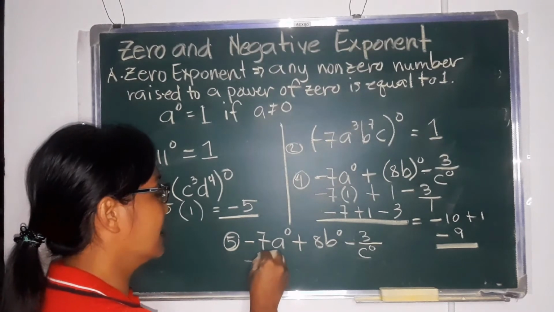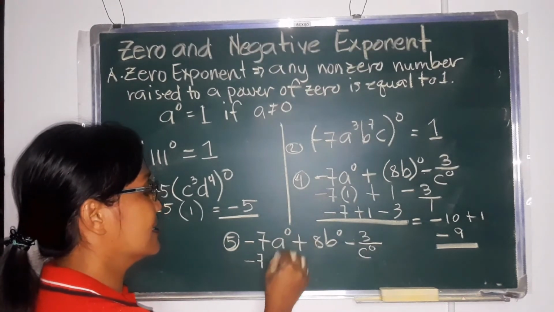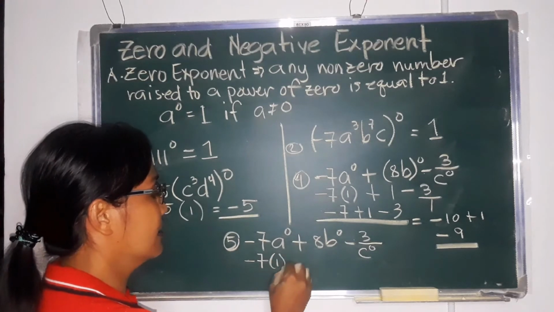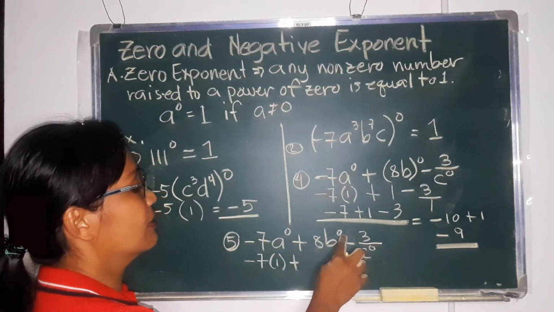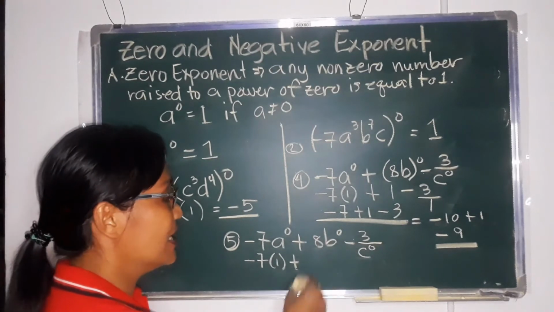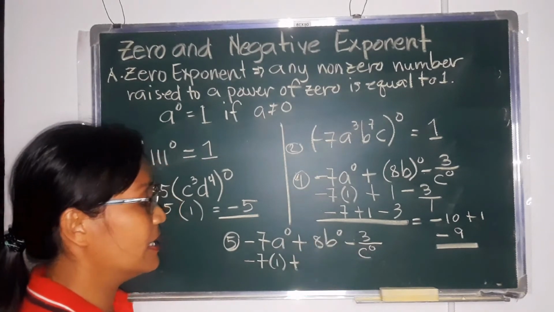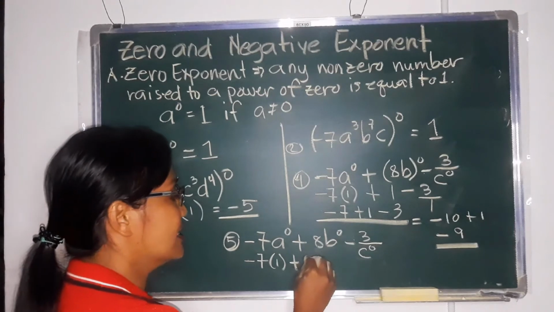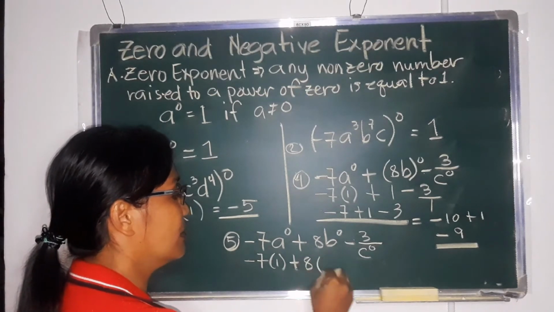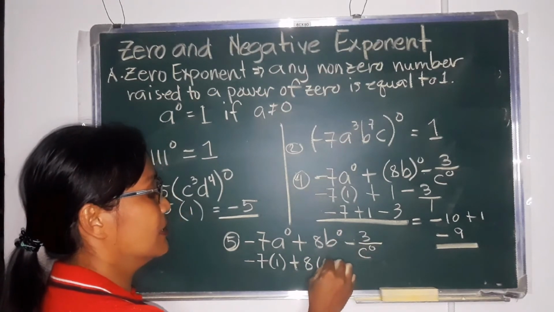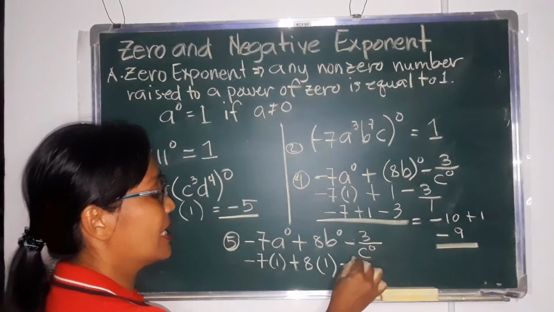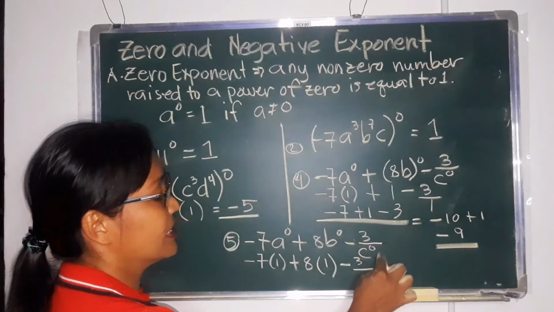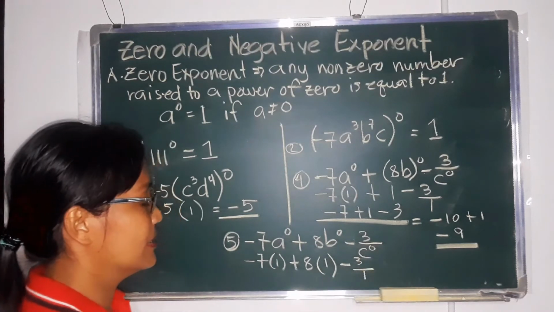So just copy negative 7. a raised to 0 is equal to 1. Next, plus 8 is also not included in the exponent 0 because there is no close and open parenthesis. So just copy 8, then multiply b raised to 0 is equal to 1, and copy 3 all over c raised to 0 is equal to 1.